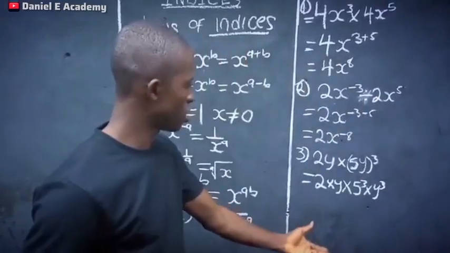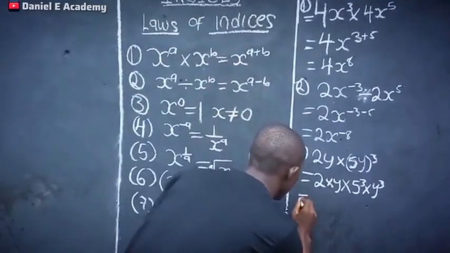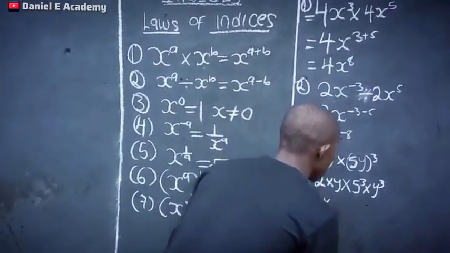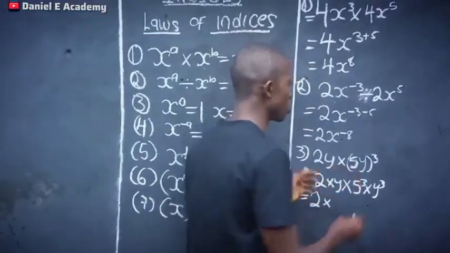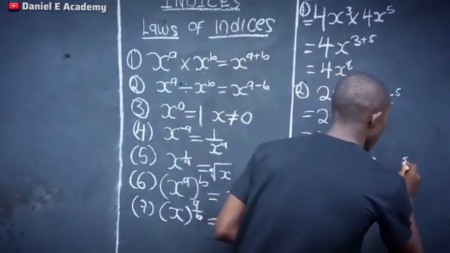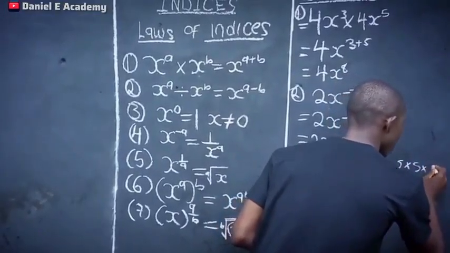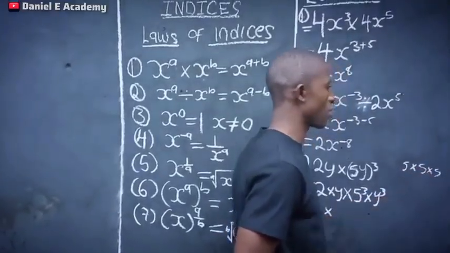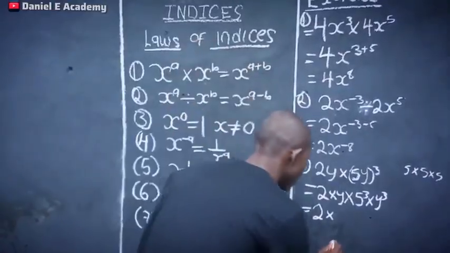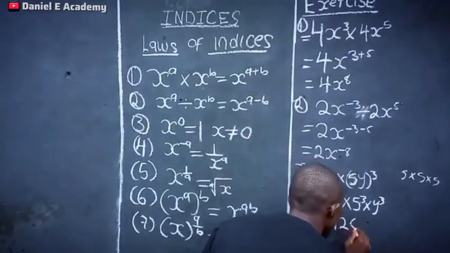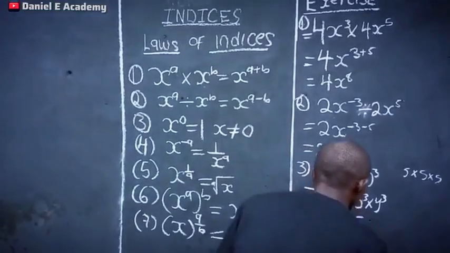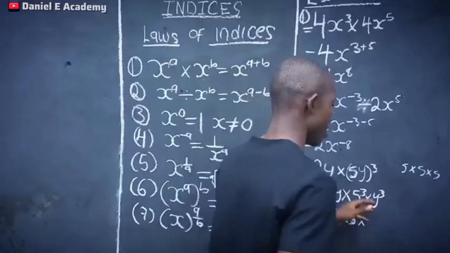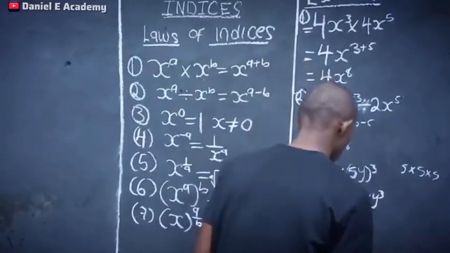So let's simplify: 2 times 5 power 3, which is 5 times 5 times 5. 5 times 5 is 25, and 25 times 5 is 125. And multiplied by y, we have y to the power of 1 and y to the power of 3, and they are subtracting each other.